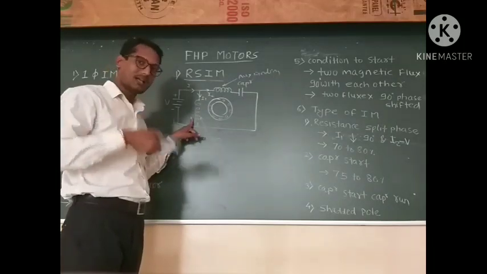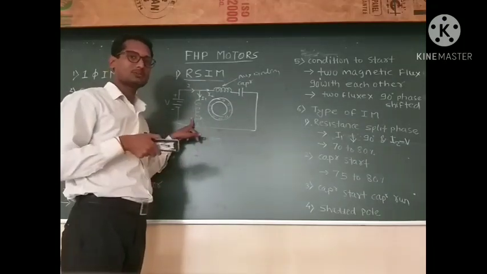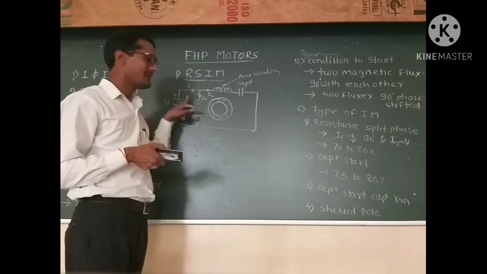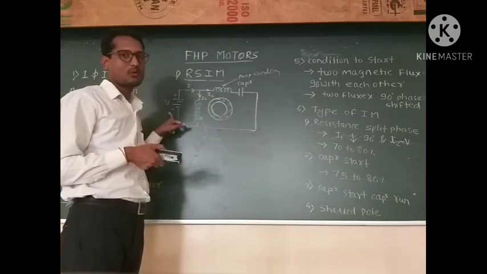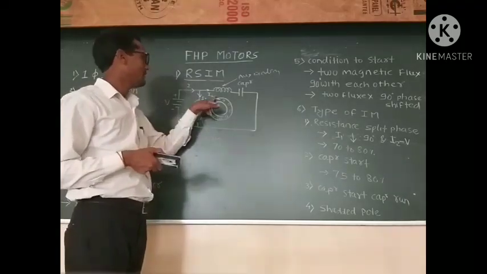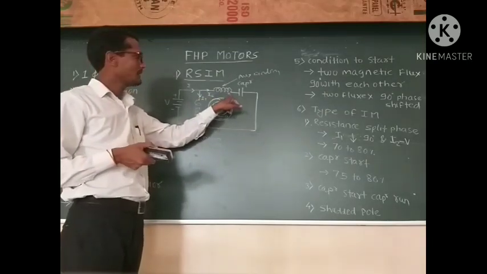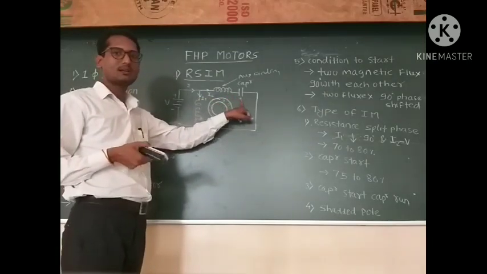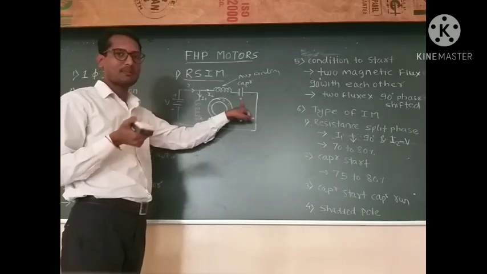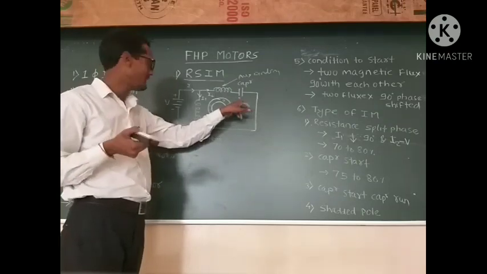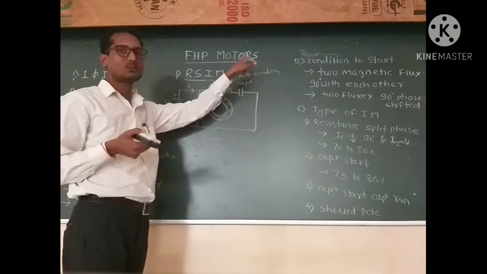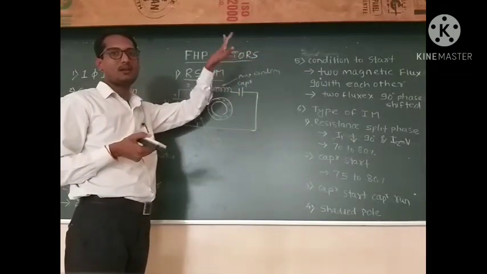The main winding is highly inductive in nature. Because of that, the I1 current lags behind the supply voltage V1. Then the I2 current travels through the starting winding, but in the circuit a capacitor is present. Because of that, the I2 current leads.